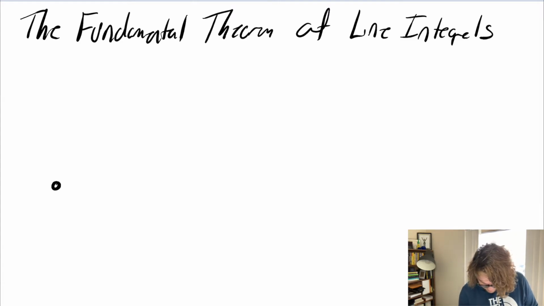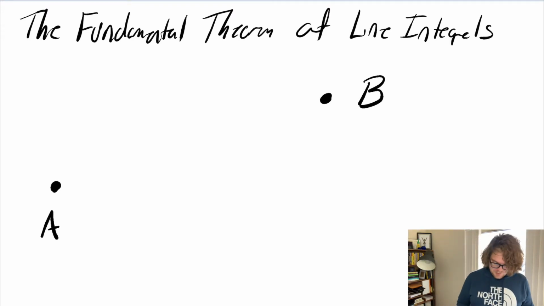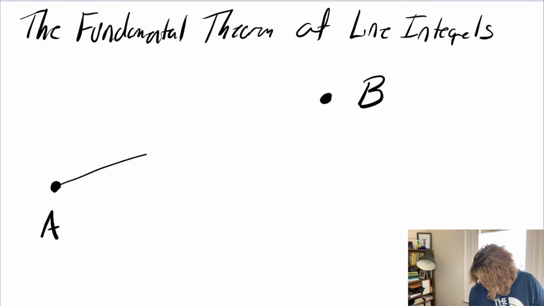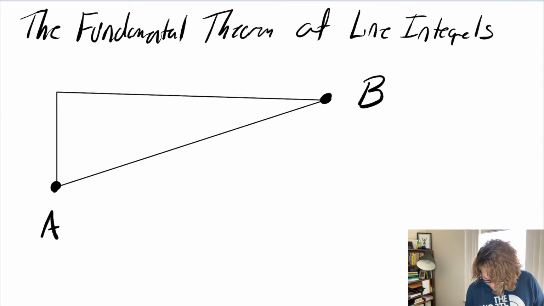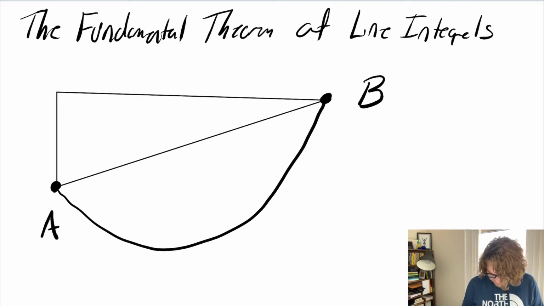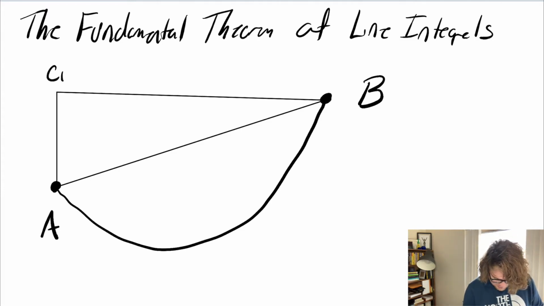And let's say perhaps we want to move a particle from, let's just say, point A up to point B. There's many different ways that we can get from point A up to point B. We could take the straight line approach and move directly from A to B. Or we could climb straight up this way and then head straight over, maybe straight over and slightly down to B, or maybe we want to take kind of a curvy approach from A up to B. So these are three different paths that we could take from A to B. Let's call them C1, C2, and C3.